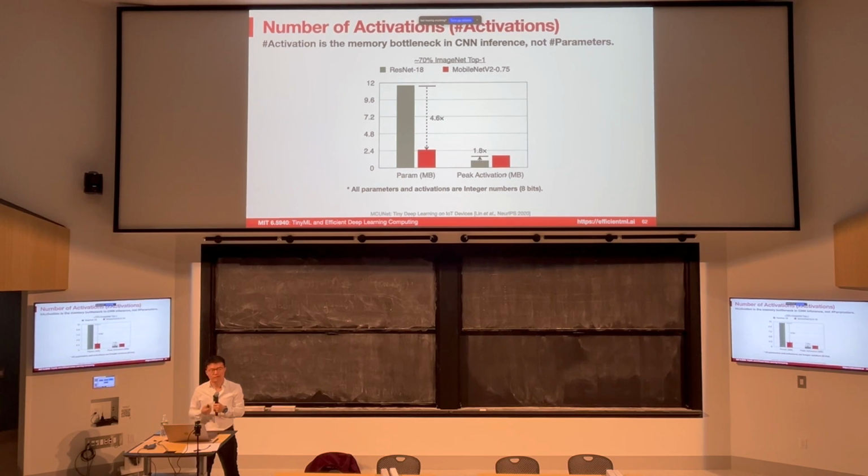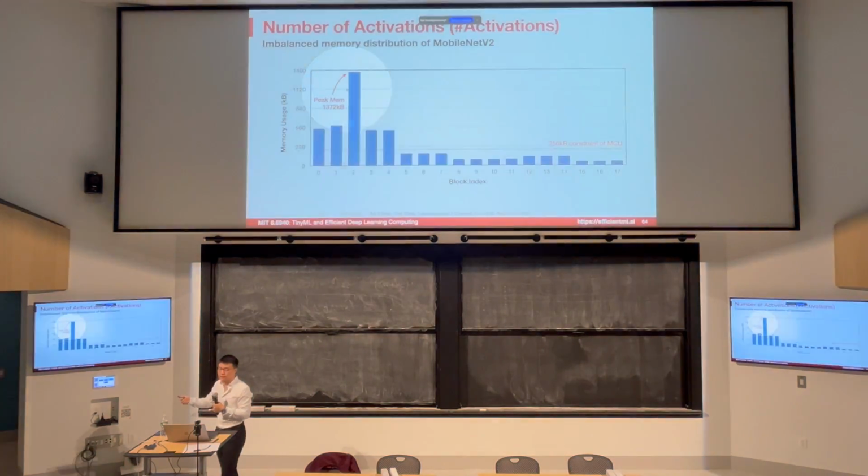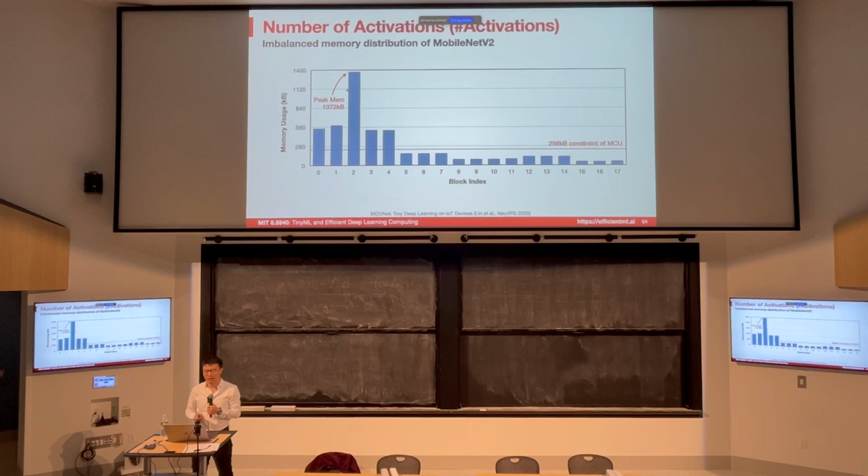The deeper the layer, the more activations, usually that's the case. And also, the peak activation determines the memory bottleneck. For example, the third layer here determines the max memory you are going to consume when you are doing the inference. So the imbalanced memory distribution is very popular for CNNs.